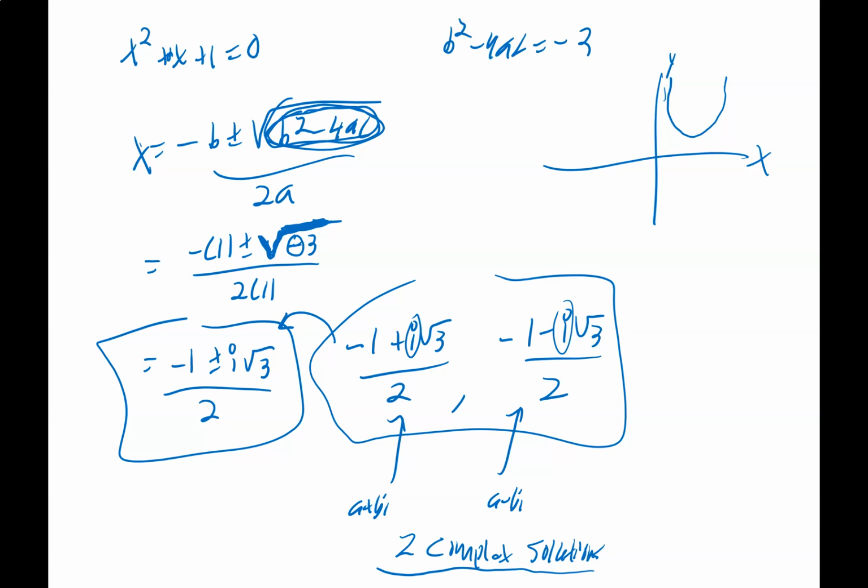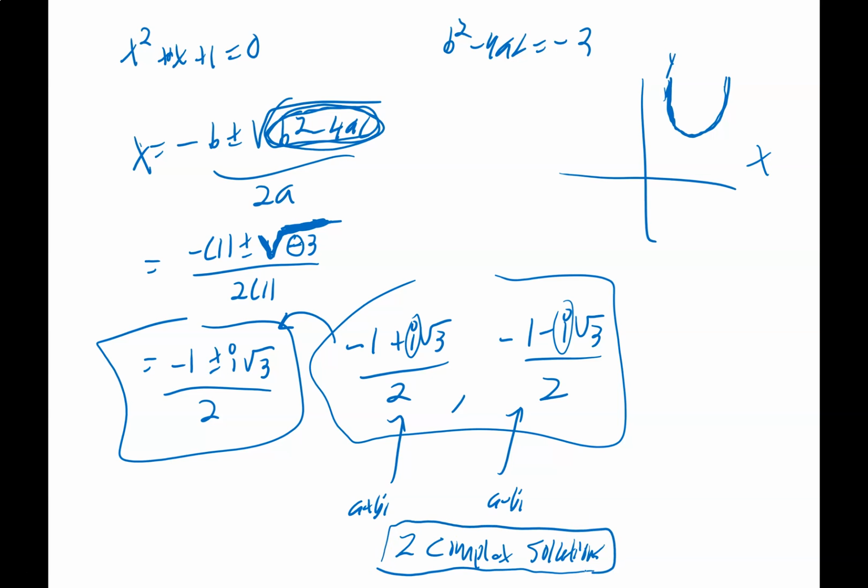You're going to have a parabola that never touches the x-axis. It could look like that, or like this. It could look like a lot of different things, but basically the scenario is you get a parabola that never crosses the x-axis, which is why your solutions are not real. They're complex.